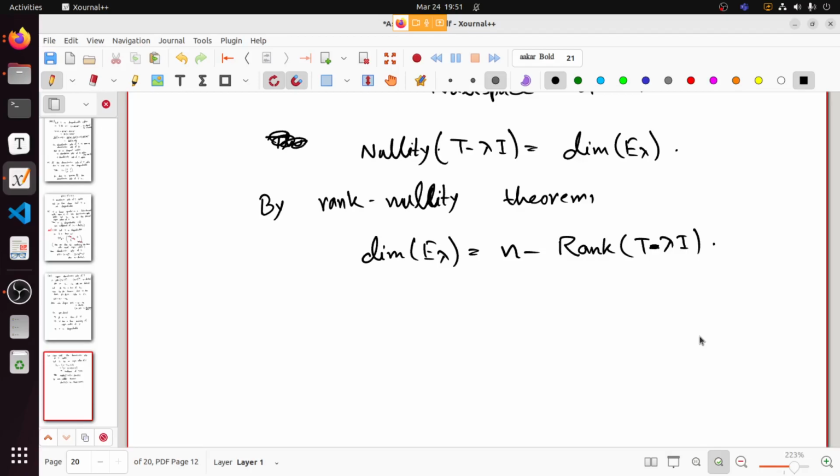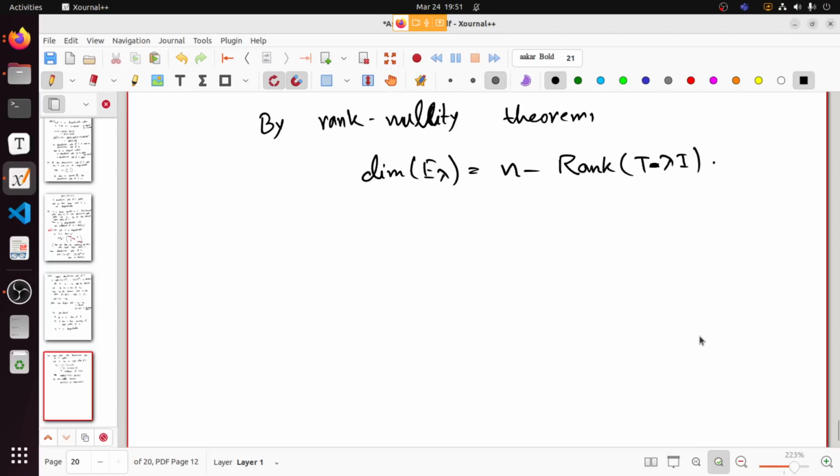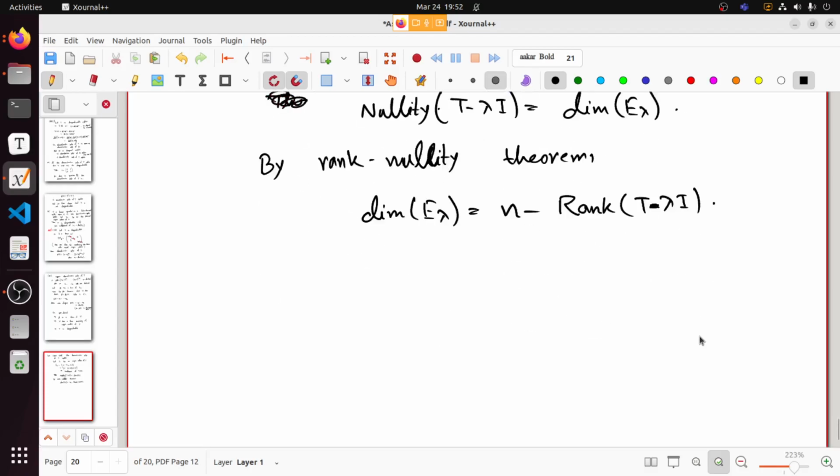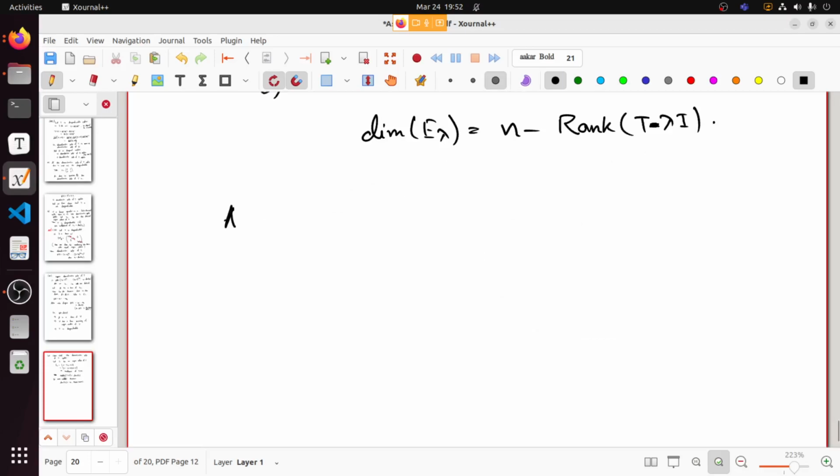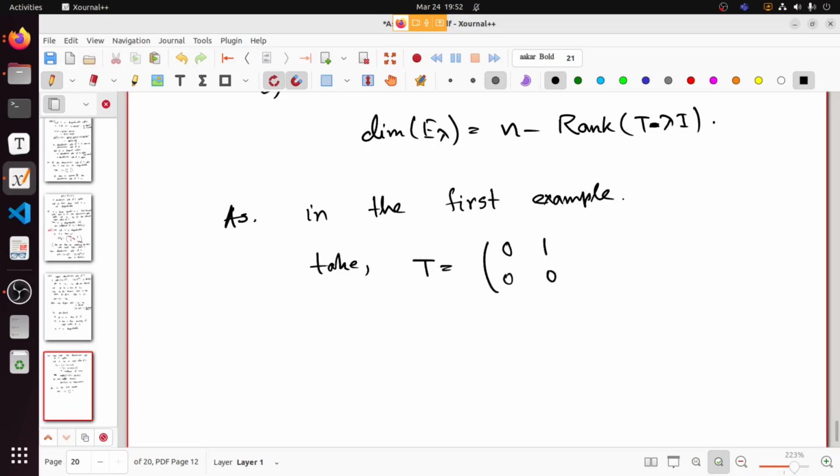So let's check. Let's take the same example as we took earlier, as in the first example. Take T to be the matrix 0 1, 0 0.